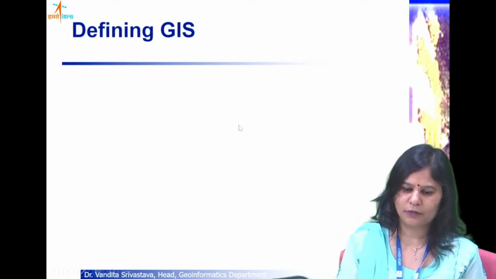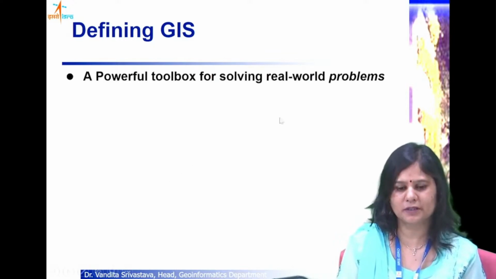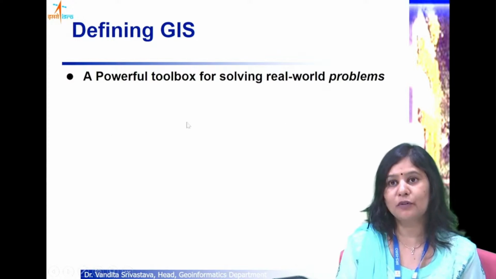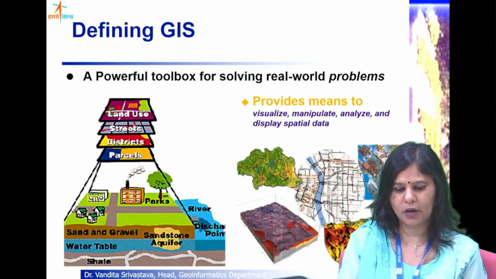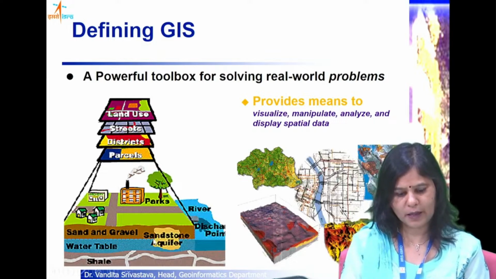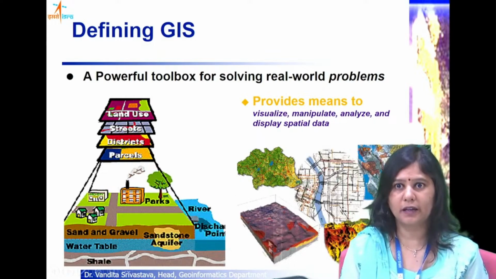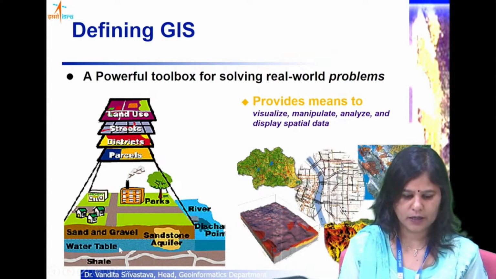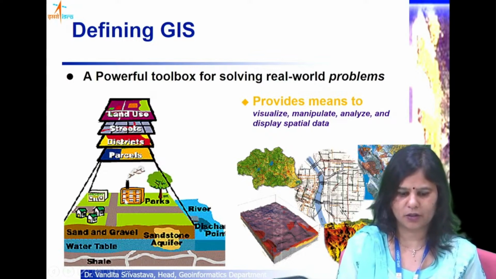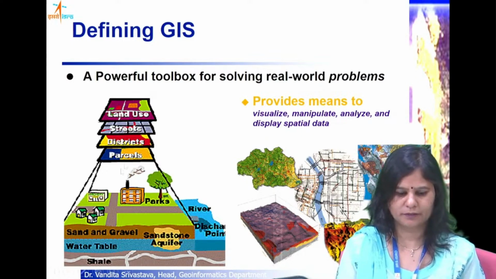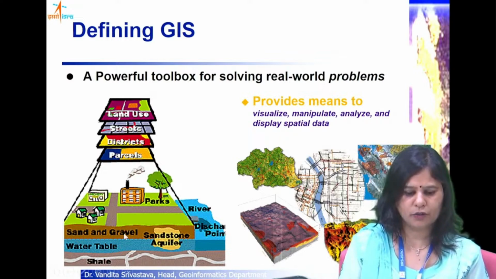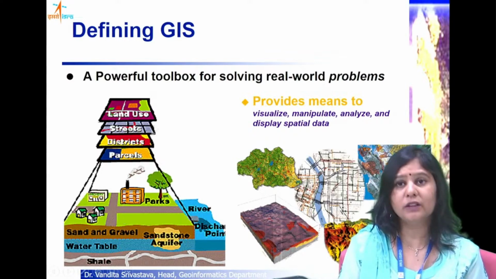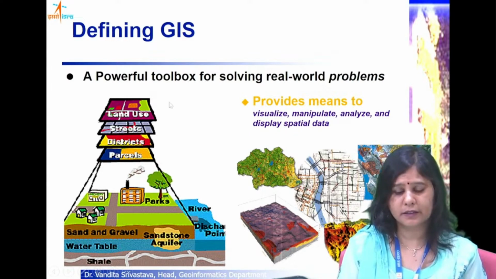So a formal definition of geographical information system, we can say that it is a powerful toolbox for solving real world problems. For example, this is my study area, and now I want to work on some specific pollution, air pollution modeling. So I would like to extract all the data as layers. These are called thematic or administrative layers.